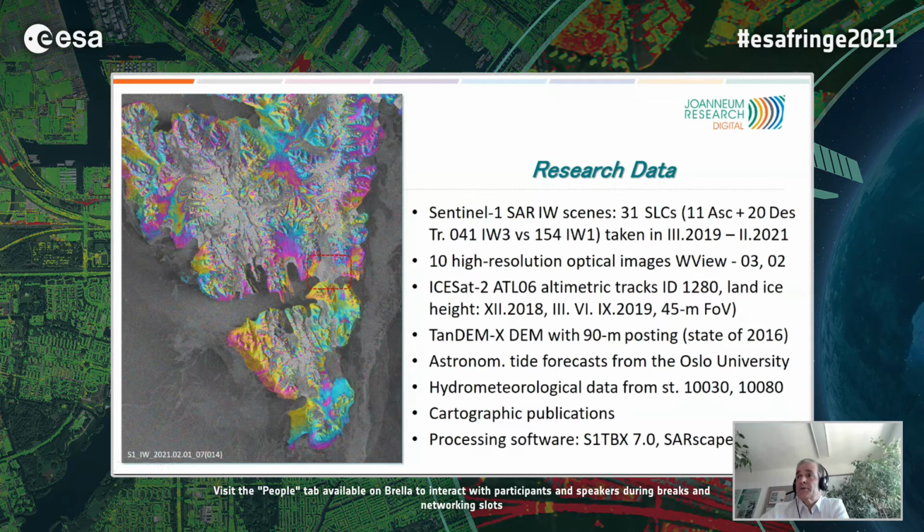And the process of geocoding and geometric analysis of these interferograms was supported with the contemporary altimetric transects from the ICESat-2 satellite.